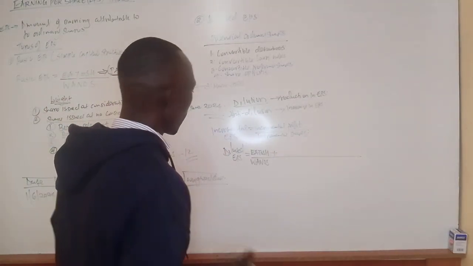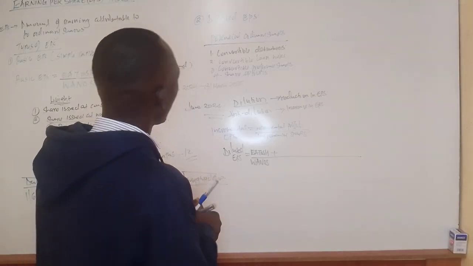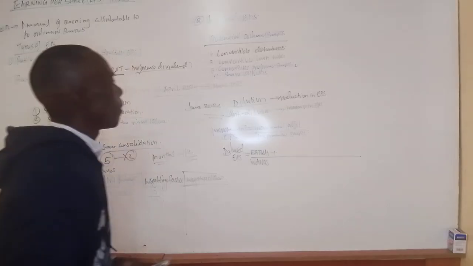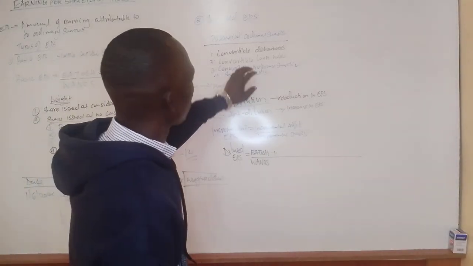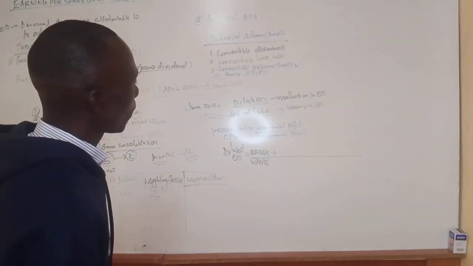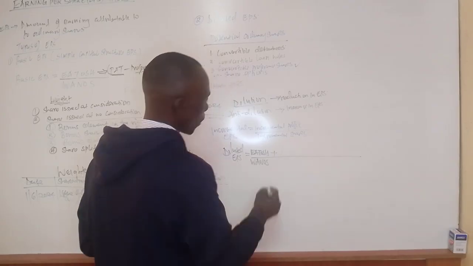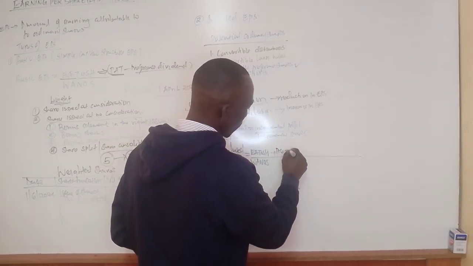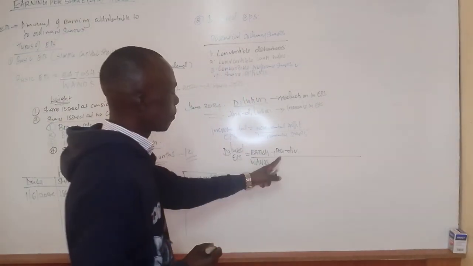Incremental EPS number 1 is going to come from, let us talk about convertible preference shares. For the case of the convertible preference shares, our incremental profit will be the preference dividend. So we are going to compute here the preference dividend, then we divide by what?